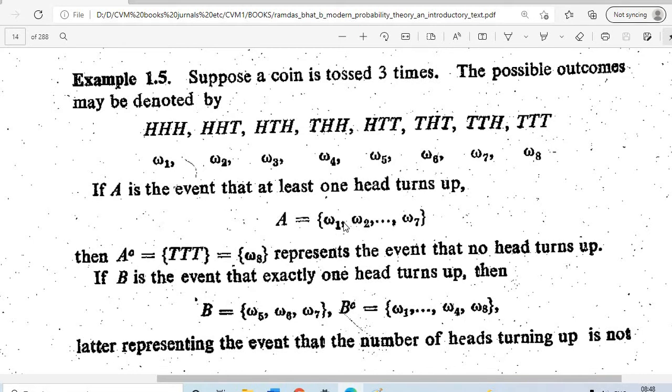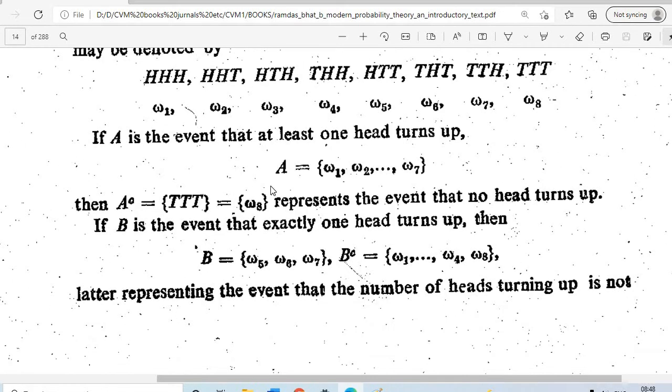So A is omega 1, omega 2, up to omega 7; only the eighth has no head, hence at least one head. So what will be the A complement? A complement is what is in the whole set but not in A. That is TTT only. So that is the set {TTT}, the complement of A.